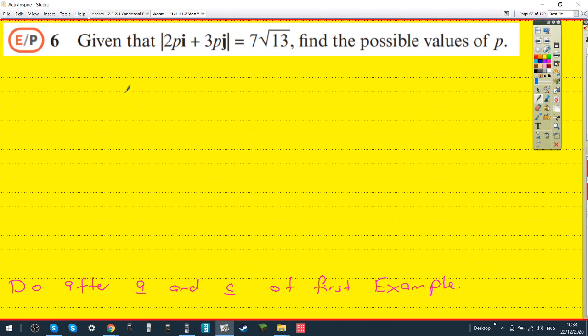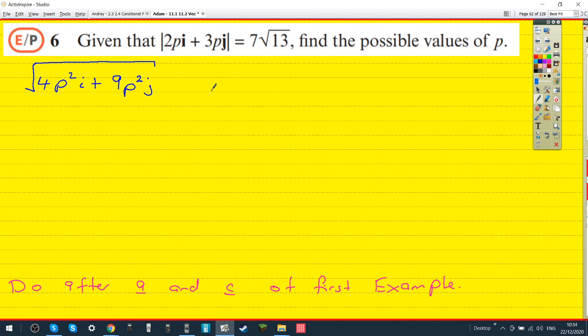Square root of 13 equals... Hold on. That'd be nice, but you also have a p, and p is a number. So the first bit will be 2p squared, 4p squared, add 9p squared. The square root of all of that, which gives you 4p plus 9p, which is 13p.